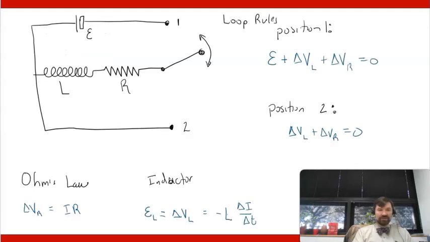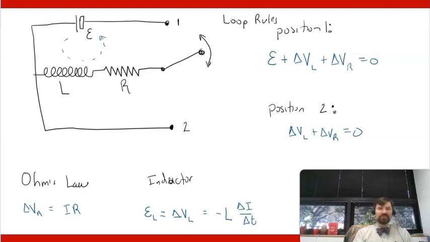And so going back to the loop rules again, with battery, or loop 1, you basically have the battery EMF and then you have the current times the resistance. And note that if this is my battery, my current I would expect to be doing like this.